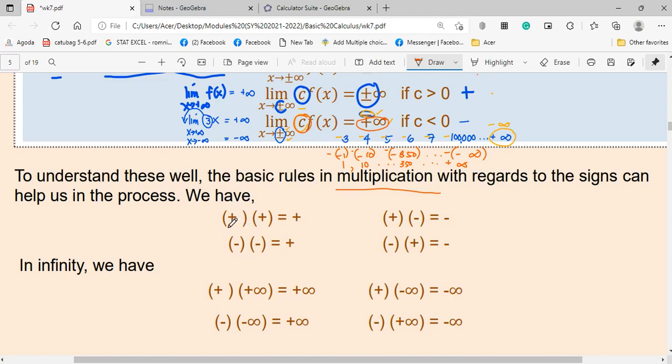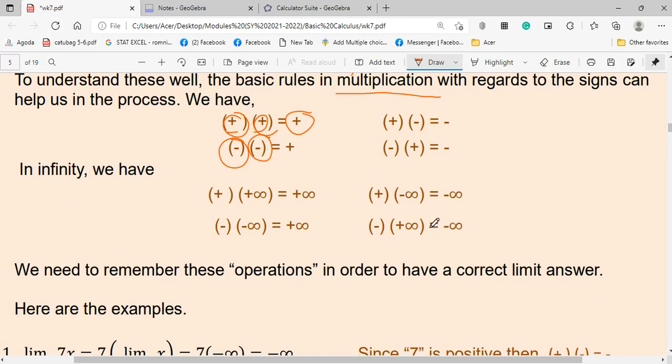Na kapag nangyari daw, positive times positive, tandaan mo, positive din ang kanyang katumbas. The basic multiplication, multiplying the product of same sign rule, okay, is positive. The similar is negative. Okay? Unlike signs is negative.